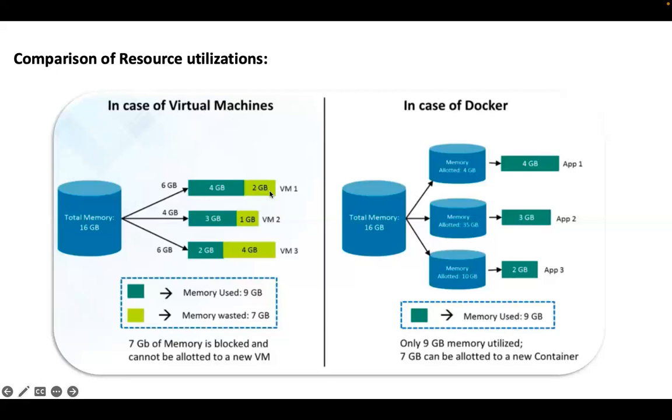If anything is left over, it will be part of this VM1 and not of the host operating system. It will be under the guest operating system. But here, as we are using the base host operating system, suppose my laptop, my laptop will have the same memory. Whatever memory is being used by the container application one, the rest will be free. Okay. Okay, Ranjit.